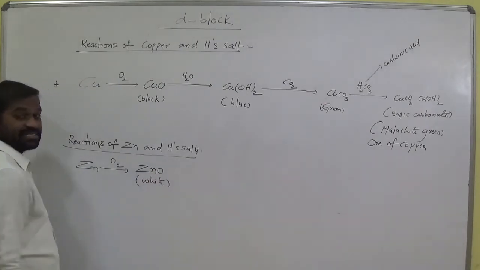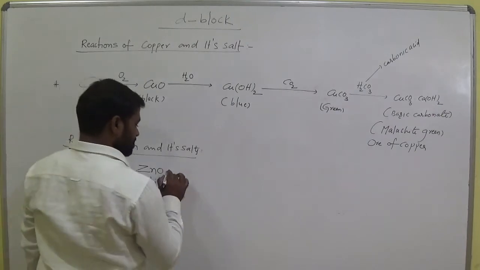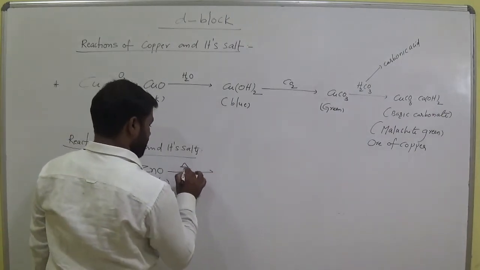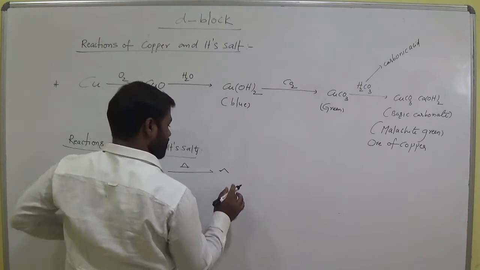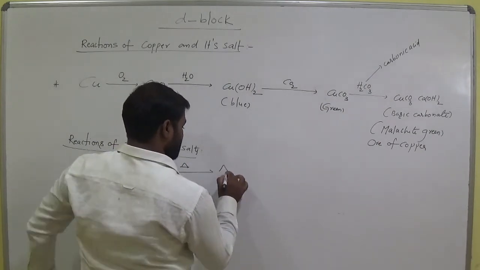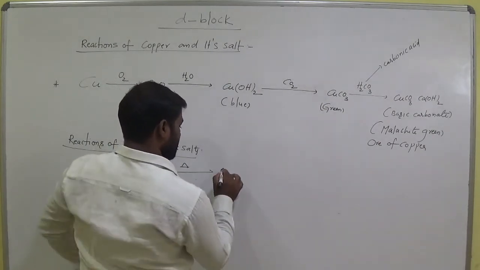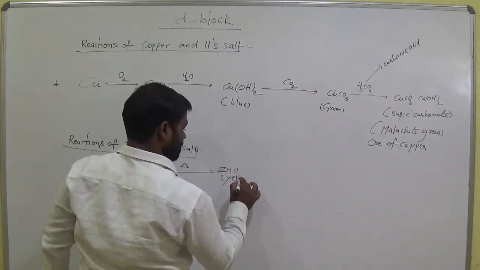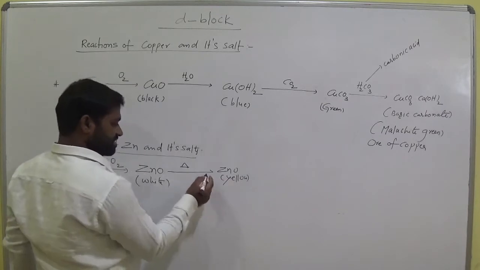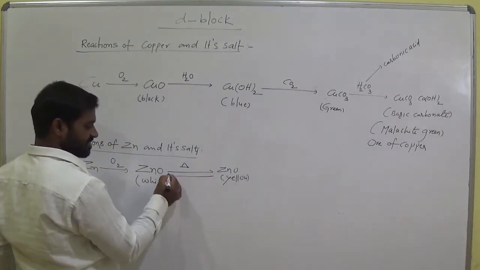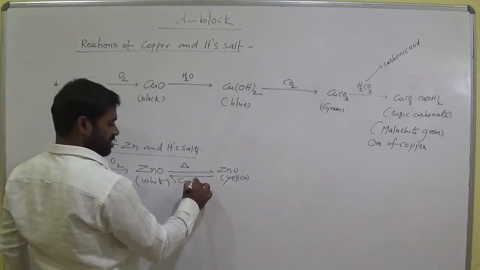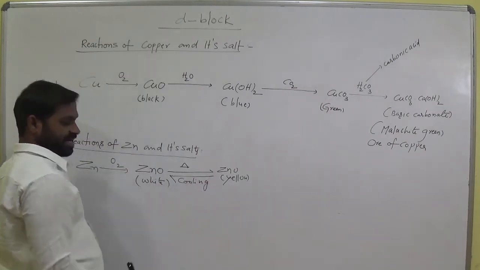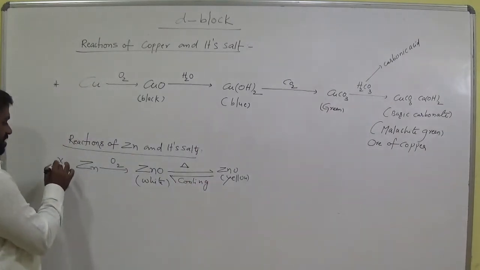White means colorless, zinc oxide. So suppose it is strongly heated, it gives zinc oxide which is yellow in color. Again this yellow color undergoes cooling, reversible cooling, it gives white. Keep it in our mind.